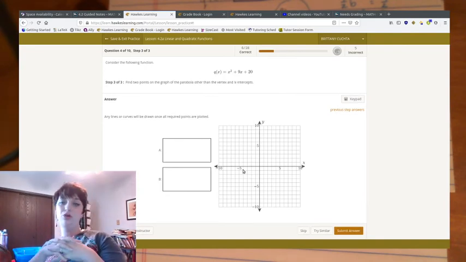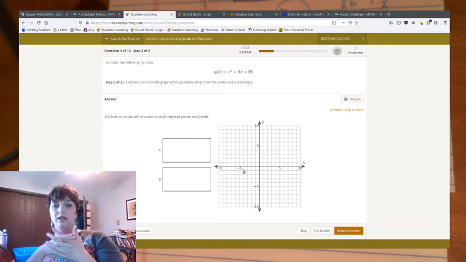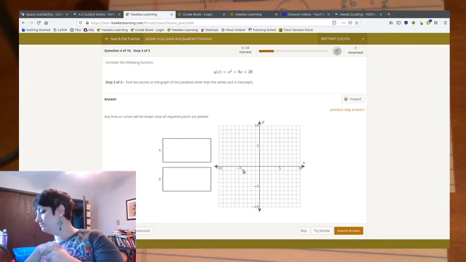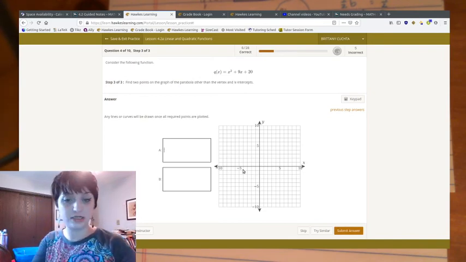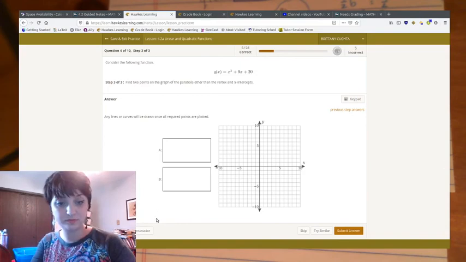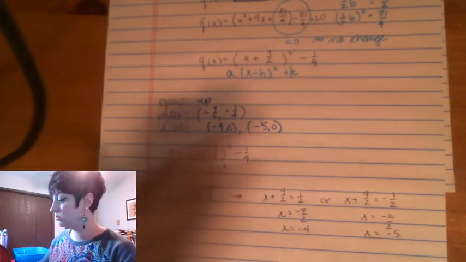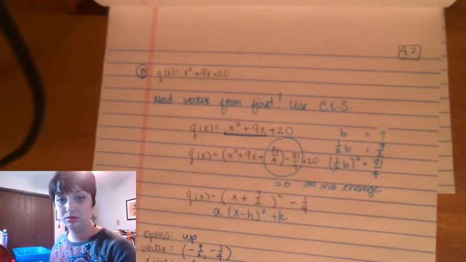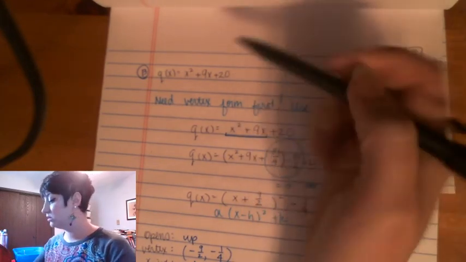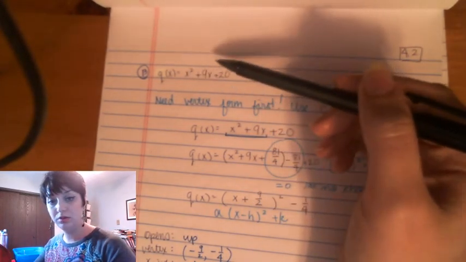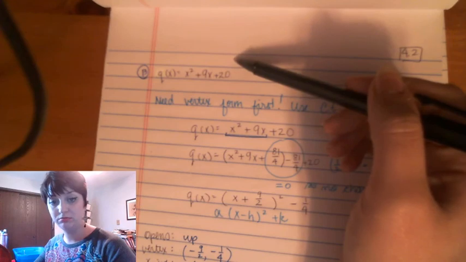So they're not making you plot the vertex that has fractional coordinates. So what would I do? Do x equals 0. That's nice and easy. And it's extra easy because it's 0 plus 0 plus 20.